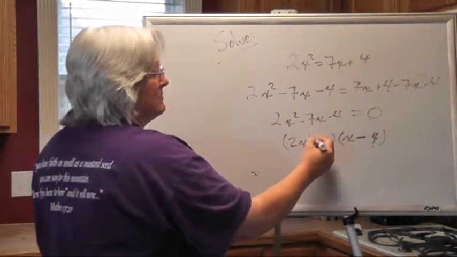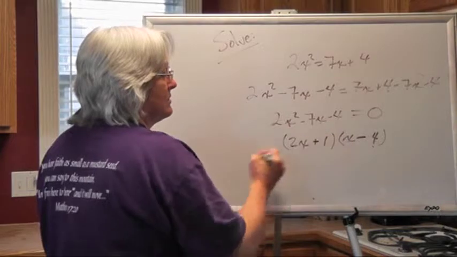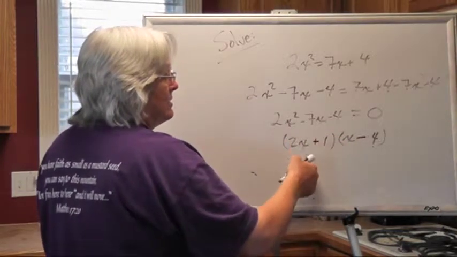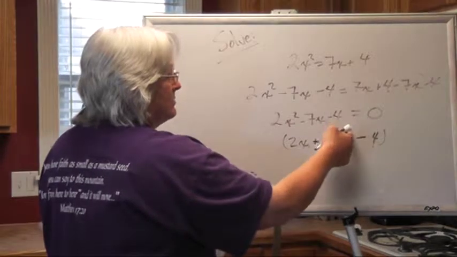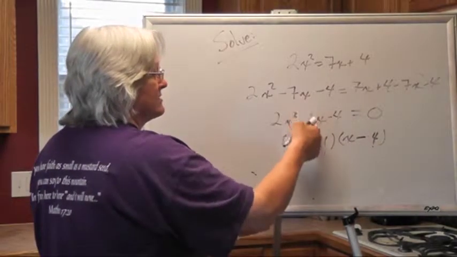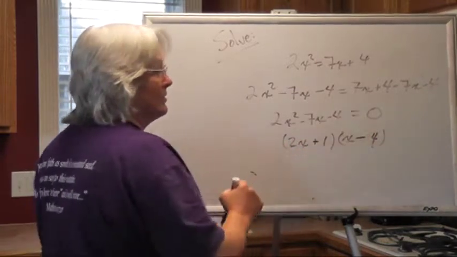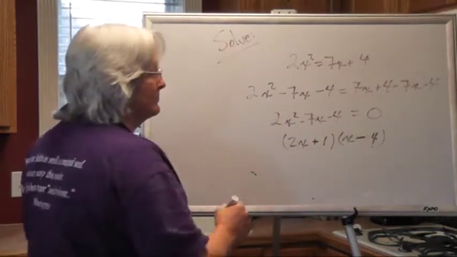We only need 7, so this is a plus 1. 2x squared minus 8x plus 1x gives me negative 7x. 1 times a negative 4 is a negative 4.